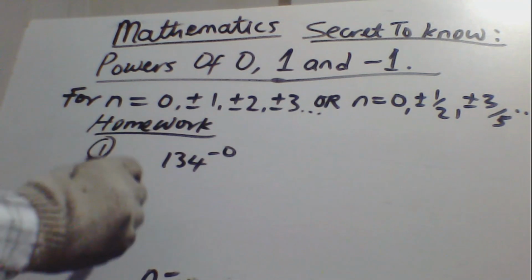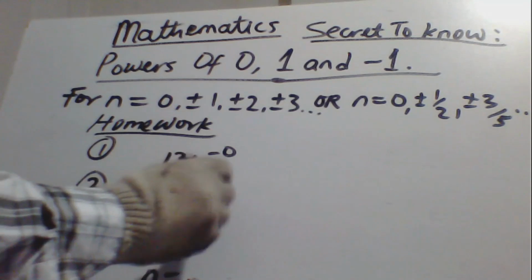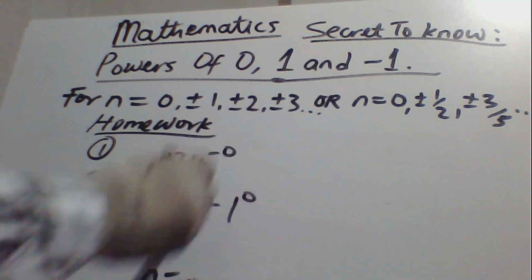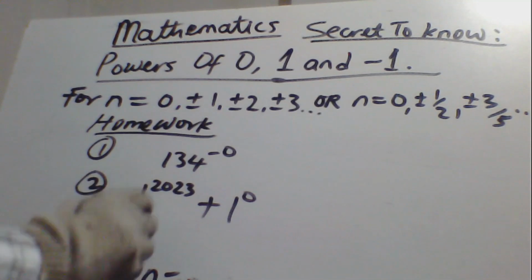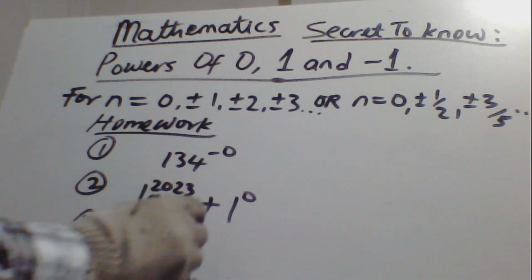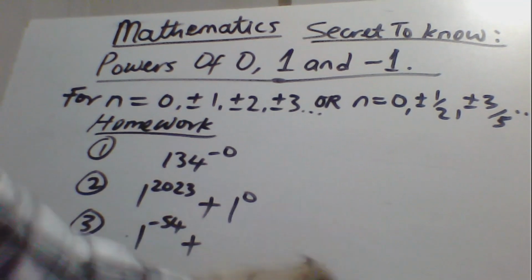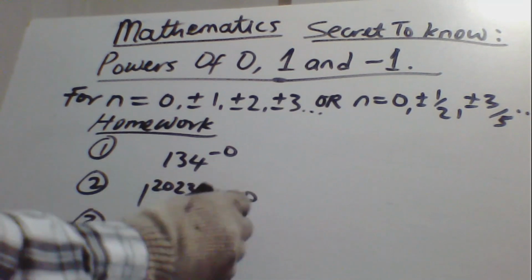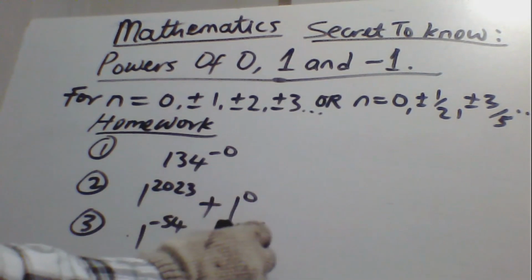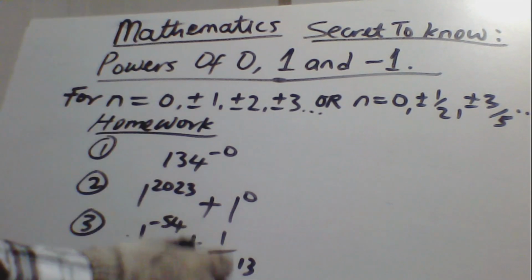The second is 1 raised to the power 2023 plus 1 raised to the power 0. And lastly is 1 to the power of minus 54 plus 1 divided by 1 to the power of minus 13. So this is one for me. Do these 3. Just 3.